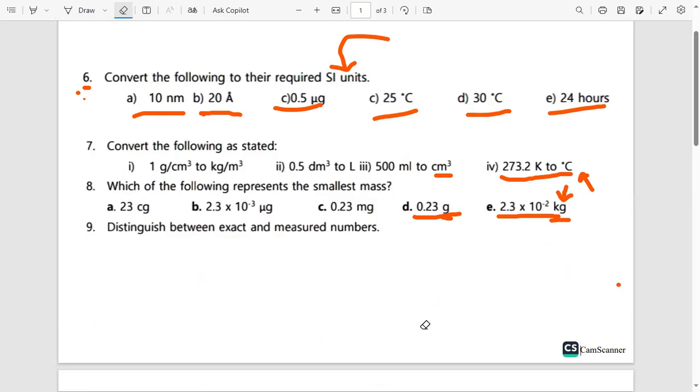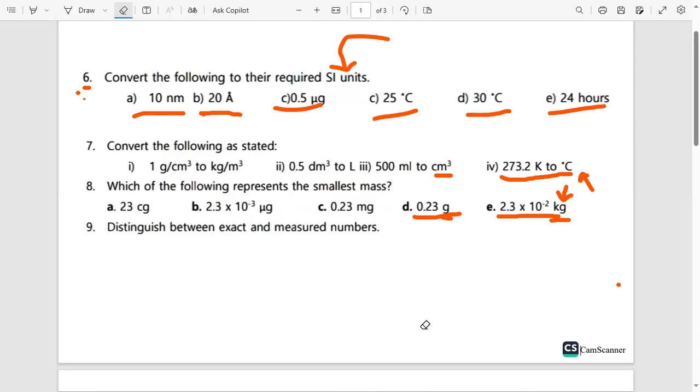Okay, but measured numbers are numbers obtained through measurements. So you can use a meter rule, you can use a beam balance, okay, to measure something. You can use a thermometer, okay. All those are measured numbers because you are using an instrument to what? To measure them.